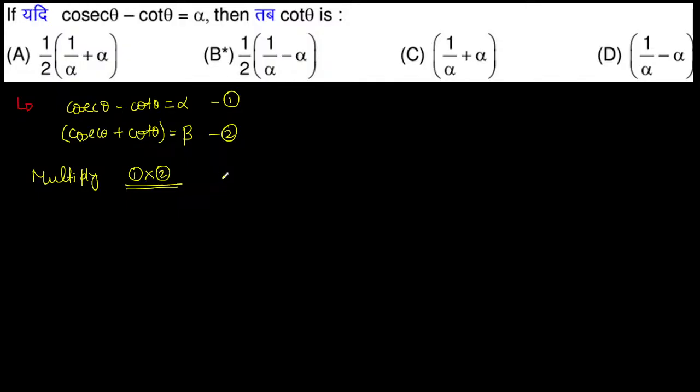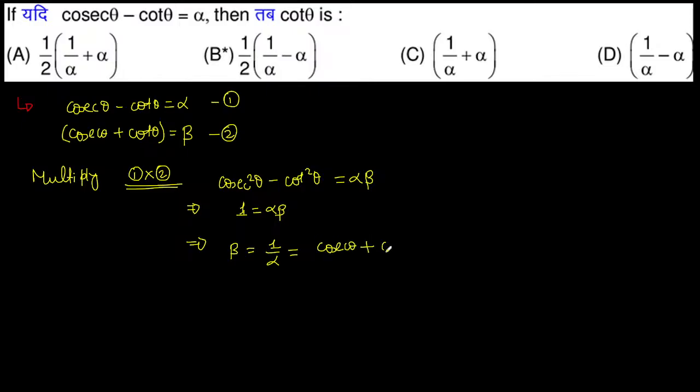We get cosec square theta minus cot square theta equal to alpha beta. So cosec square theta minus cot square theta is 1, which is equal to alpha beta. So we can say that beta is equal to 1 by alpha, and beta is cosec theta plus cot theta.